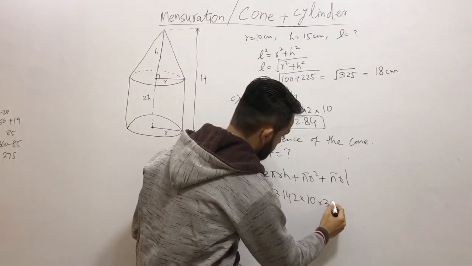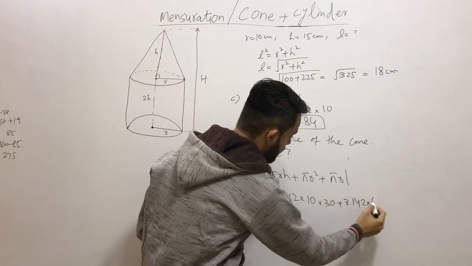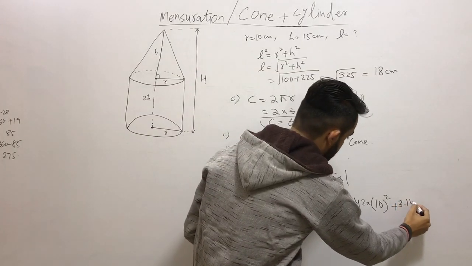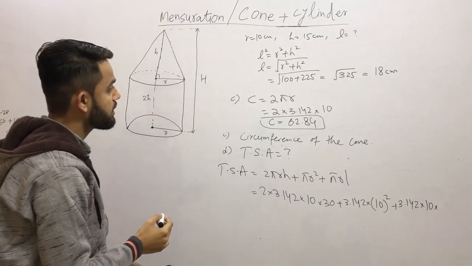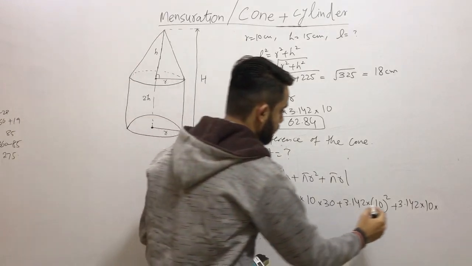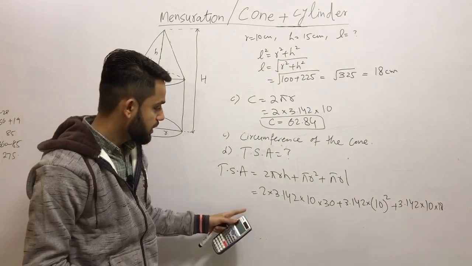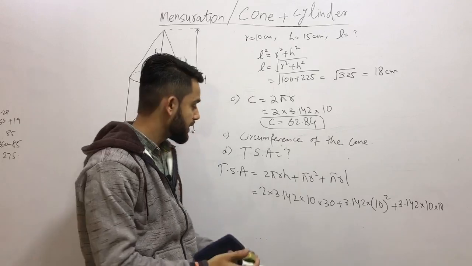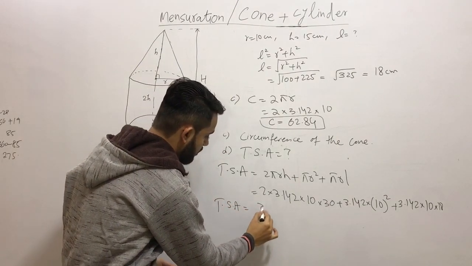Okay, so 30 plus 3.142 multiplied by r is again 10 square plus 3.142 multiplied by 10, and multiplied by L, we found that L is 18. So L is 18. So I am not solving it. It's a very simple calculation that you really need to put on a calculator, and you will be getting the direct answer for the total surface area of a cone.